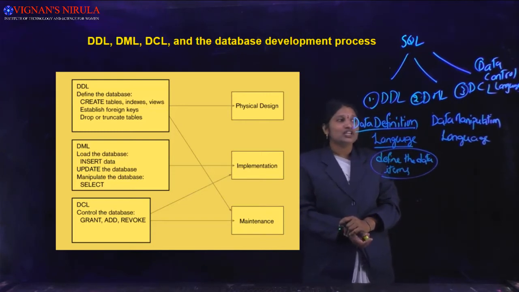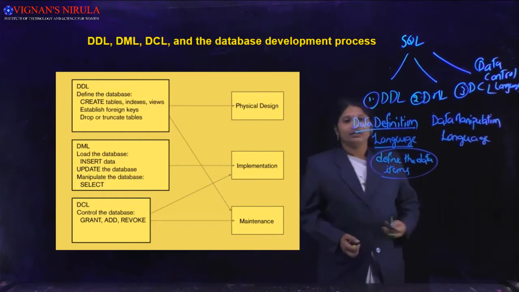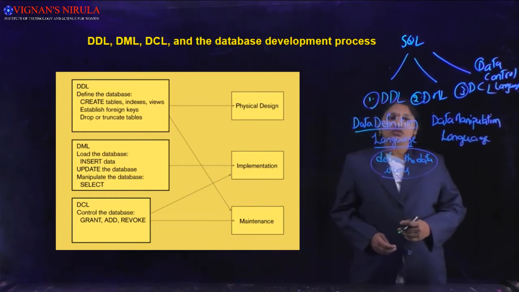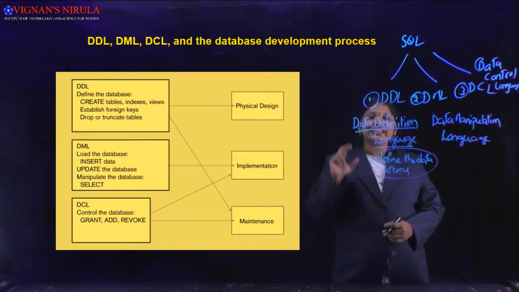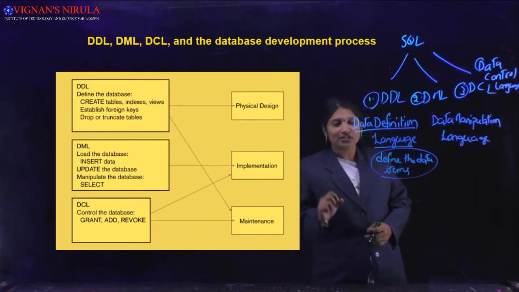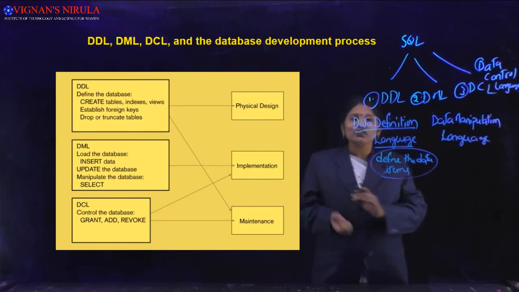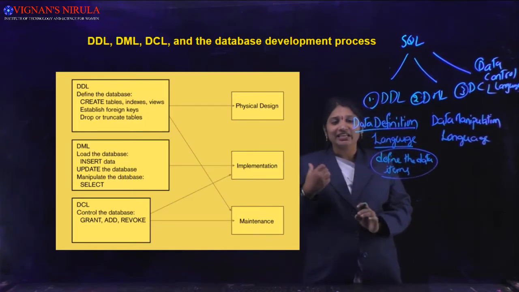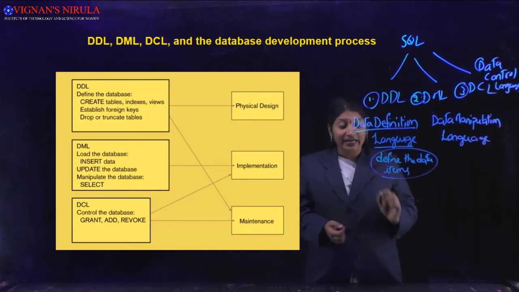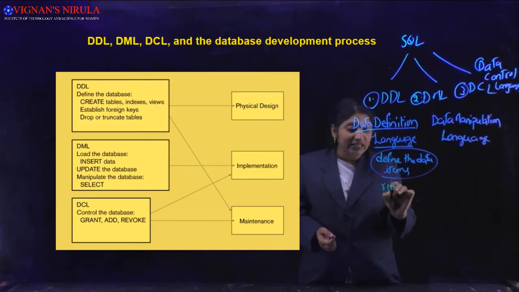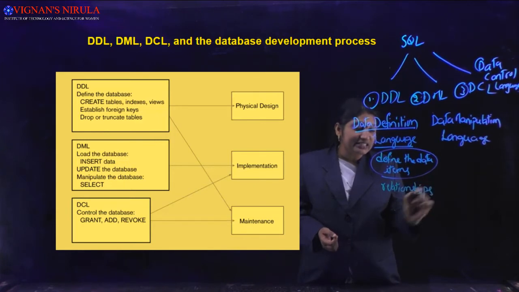So definition of data includes the data types of the data items and the relationships among the data items, and the constraints among the data items can also be defined.